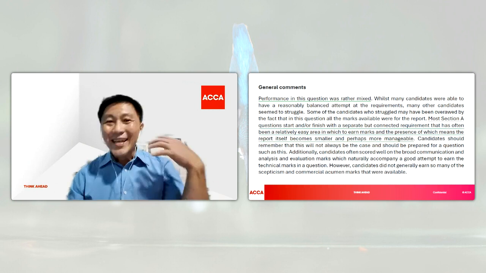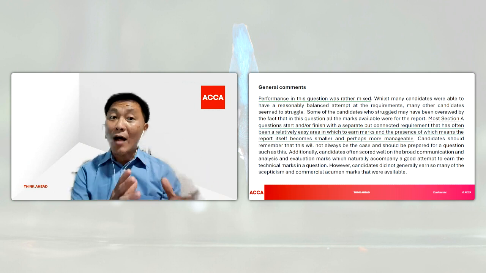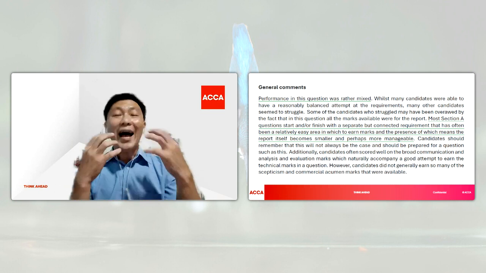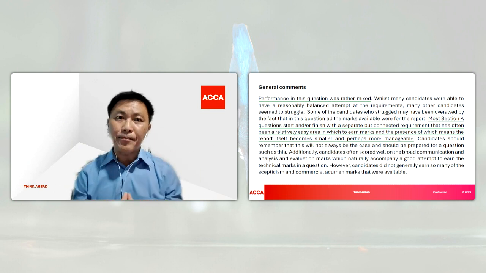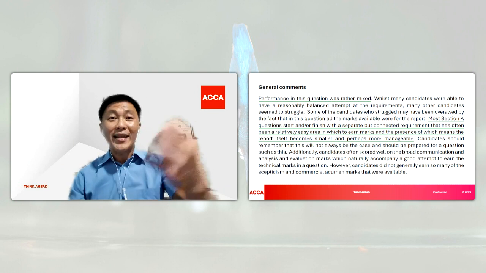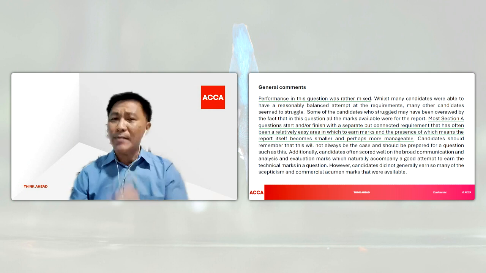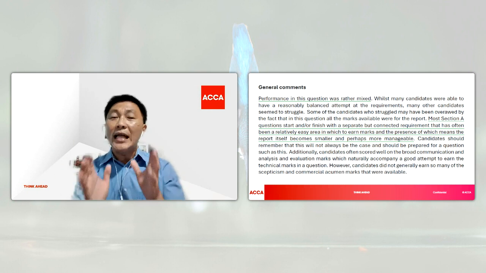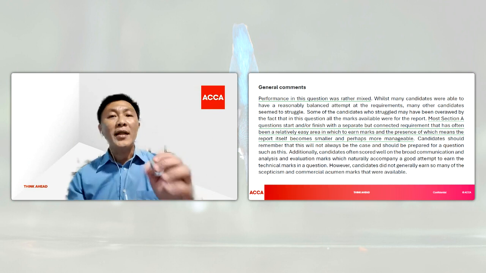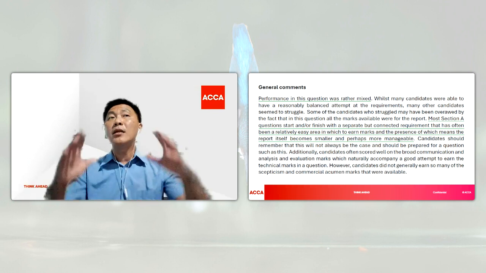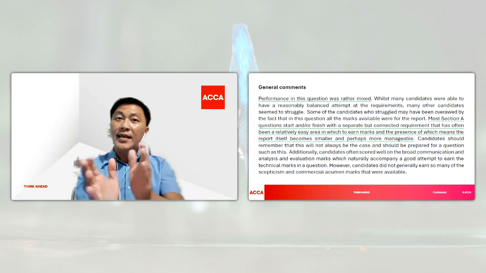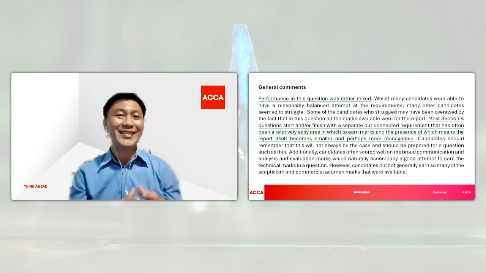Now, what exactly the students are doing well and badly, if you take a look at the comments or highlights given by the examining team: students may have been surprised when attempting this case study in that exam sitting, particularly, as I mentioned a moment ago, when the entire list of requirements was packed under the report, which is not quite the same compared to some of the previous exam papers.